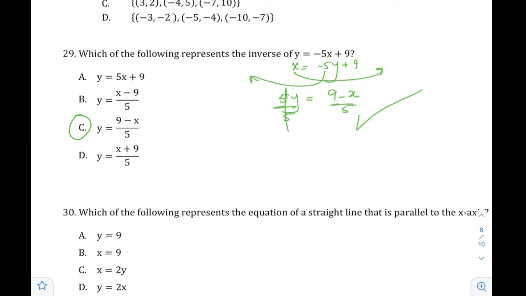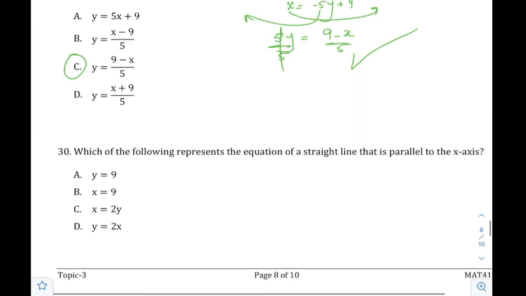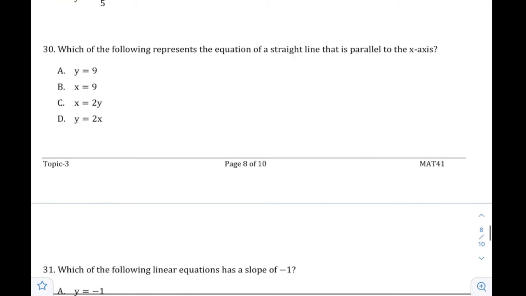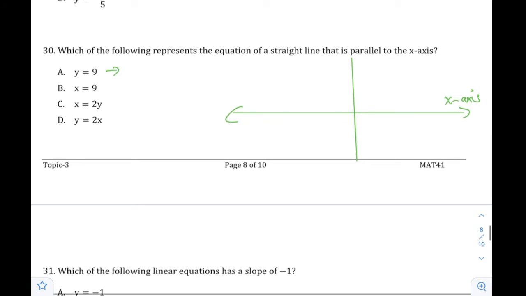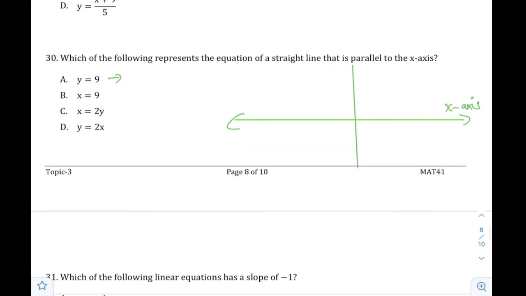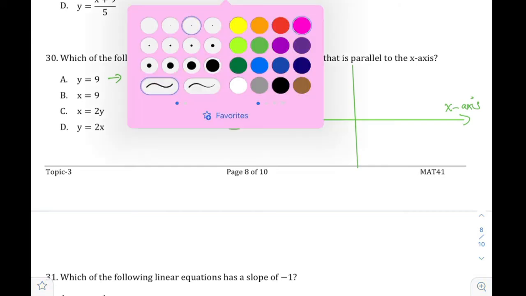Which of the following represents the equation of a straight line parallel to the x-axis? Okay, this is the y-axis, this is the x-axis. The x-axis is this one. Y equals 9, how can we identify it? Y equals 9 means what? It means it's a horizontal line passing through 9.